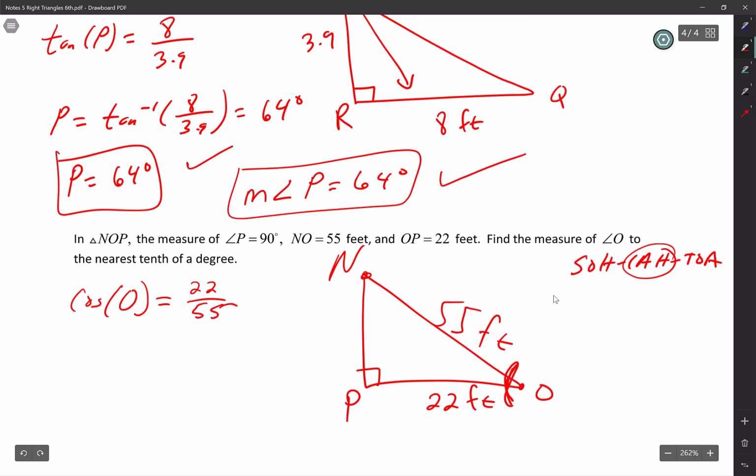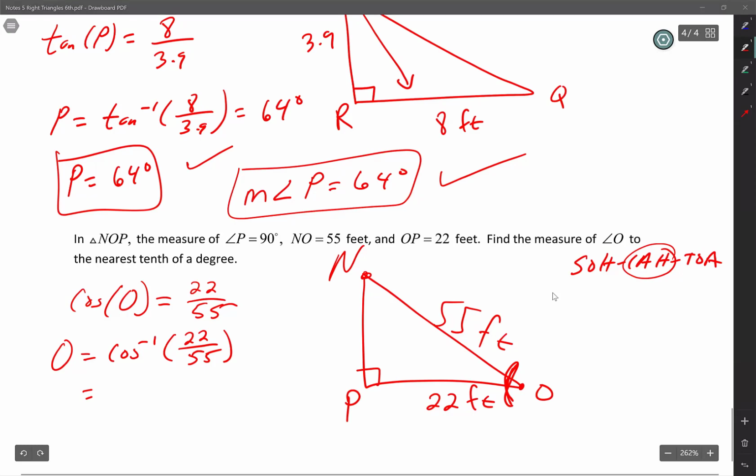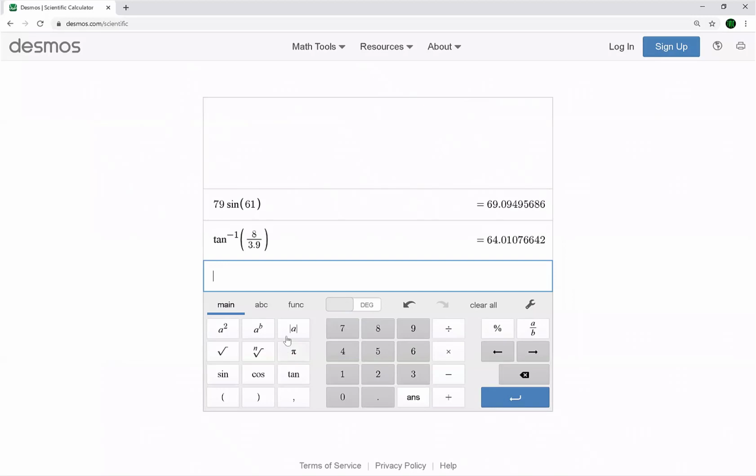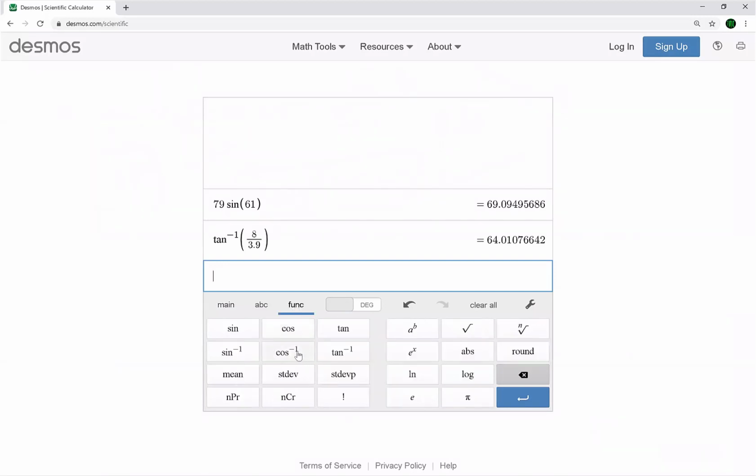And then I do inverse. So angle O is equal to inverse cosine of 22 over 55. You always got to have something in there. Then we're going to go back to my Desmos and make sure to type that in. So cosine, here we go. I'm going to push enter, go to functions, inverse cosine.